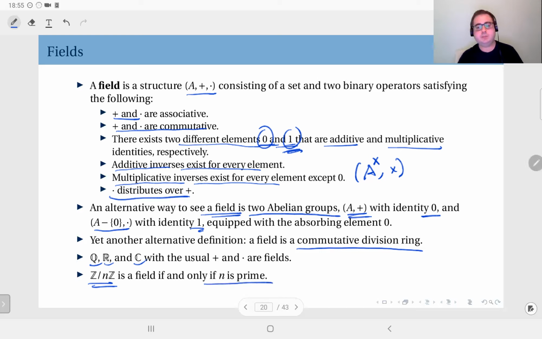This is a very important result, not only in abstract algebra, but also as an application in cryptography. We are going to see why this is so, and we are going to see how we can exploit this to come up with cryptographic methods.